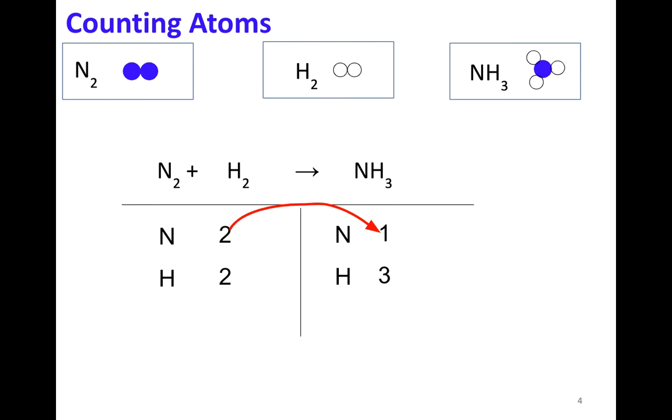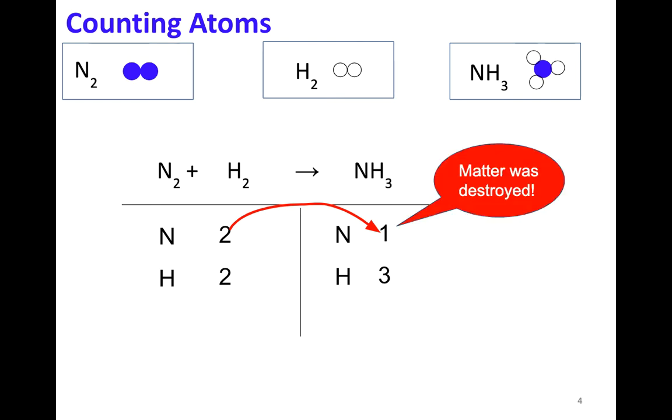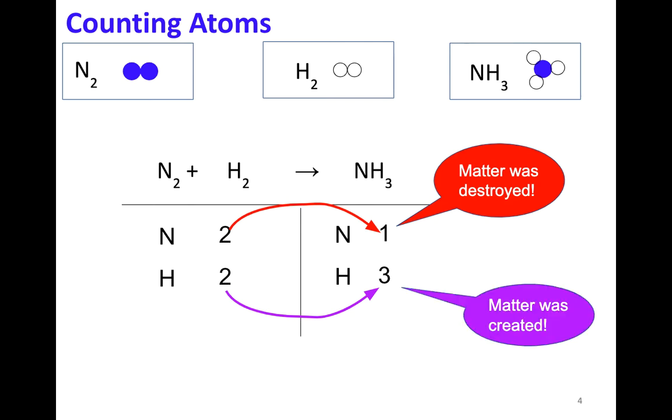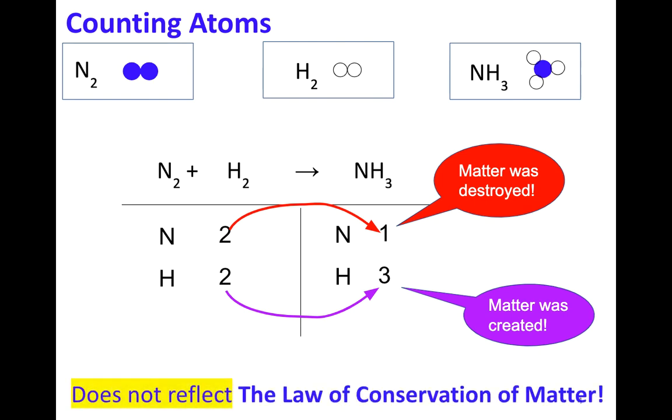Somehow we went from having 2 atoms of nitrogen to only 1. Somehow matter was destroyed. Now let's look at the hydrogens. Hydrogens went from 2 atoms to 3 atoms, so somehow matter was created. And that can't happen. So this equation does not reflect the law of conservation of matter.